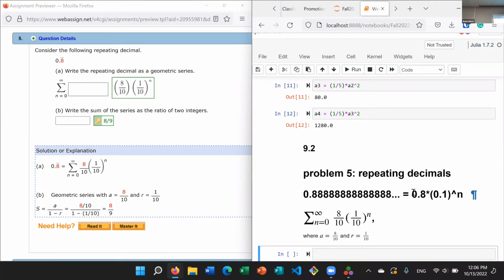The reason why, think about this. 0.8 is the same as what? 8 over 10, right? And 0.88 means what? 88 over 100.